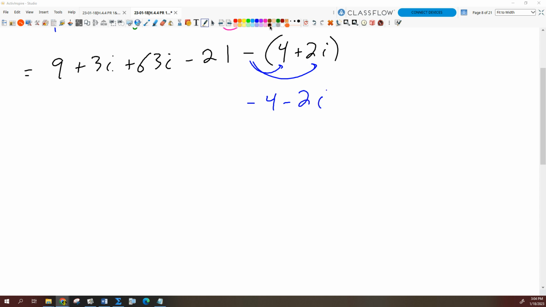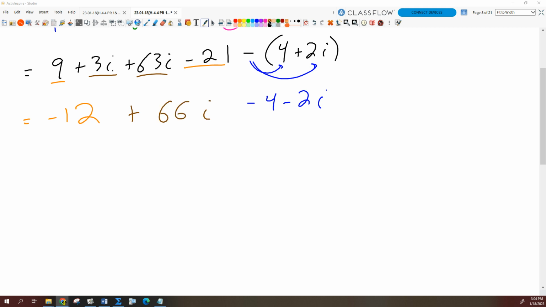And what about over here? What can I do with those terms? Combine like terms, sure. So I've got two real parts. So negative 21 plus 9 is negative 12. And then what about those pure imaginary numbers, the i terms? Plus, how about 66i?